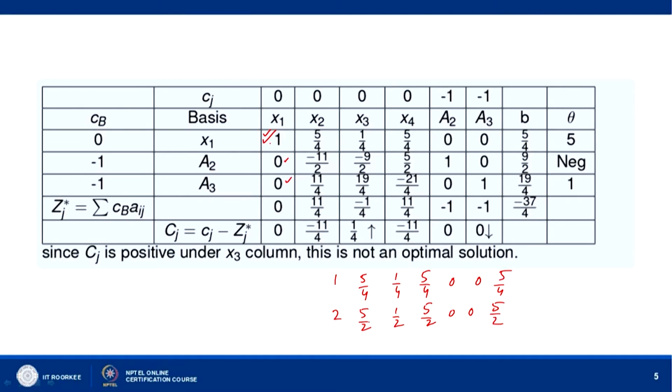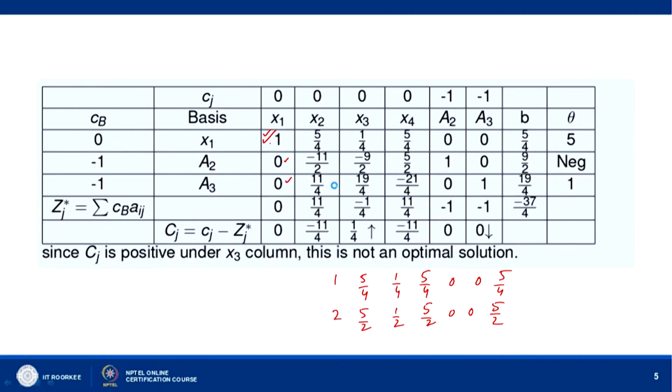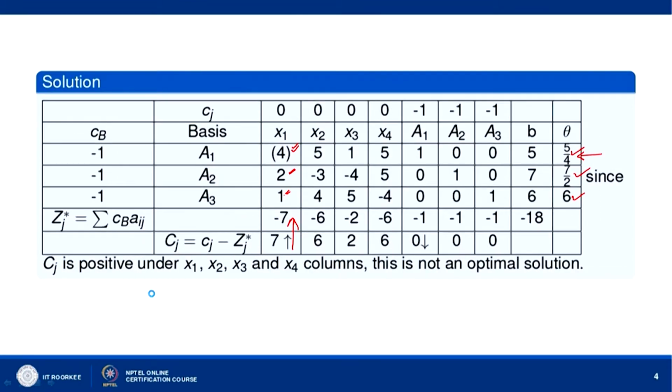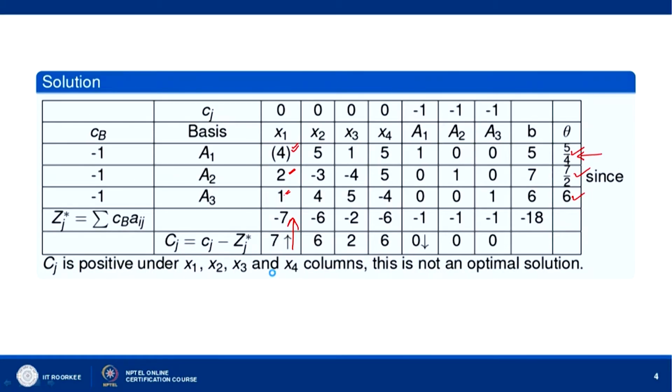Now, this we subtract from the second row elements. So, second row elements are 2, minus 3, minus 4, 5, 0, 1, 0, 7.